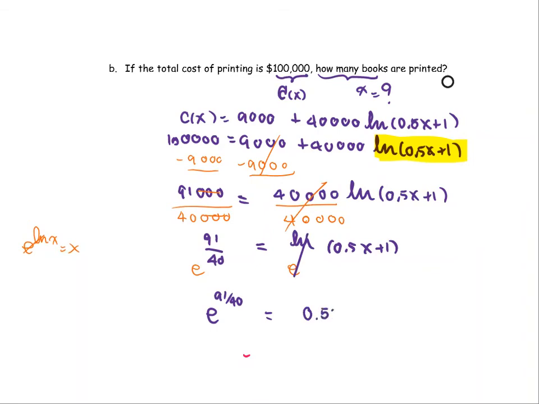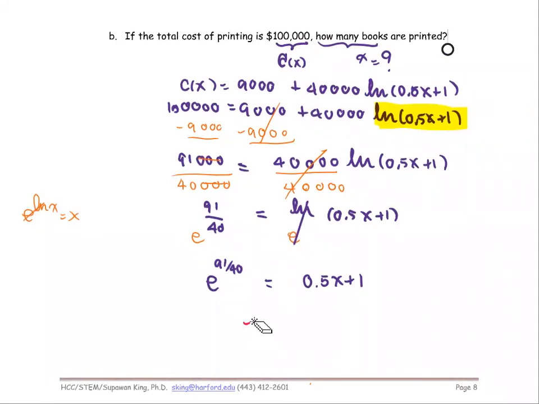It becomes 0.5x plus 1. We're going to go ahead and solve for x by subtracting both sides by 1. The left-hand side is e to the 91 over 40 minus 1 equals 0.5x, and then divide both sides by 0.5.